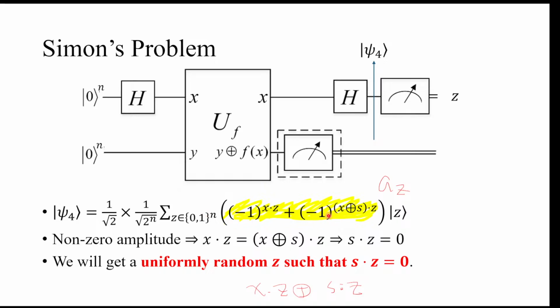But if they are the same, both minus 1 or both plus 1, this will be non-zero.